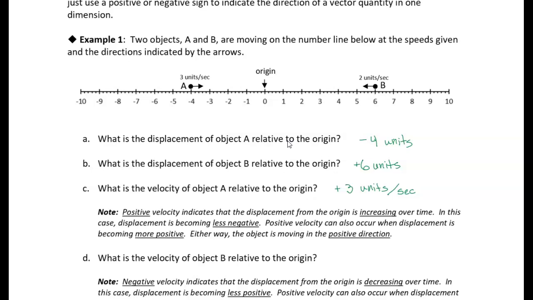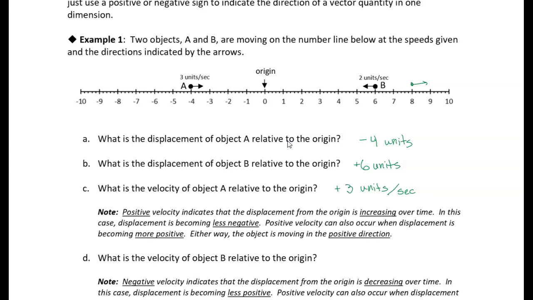Now, that can mean two different things. In this case, we're getting closer to the origin, and the displacement is becoming less negative. But you could also have a point, say over here, moving in that same direction, and it has positive velocity because the displacement is becoming more positive.